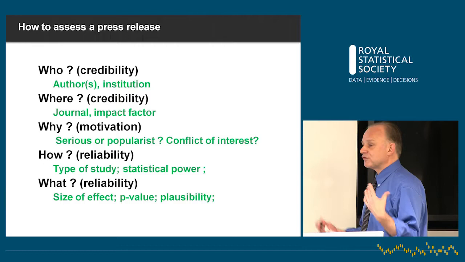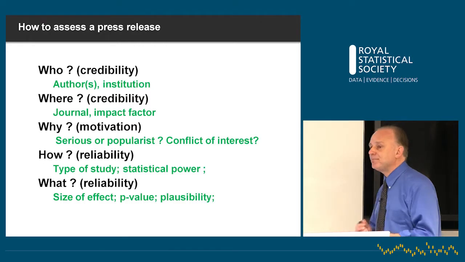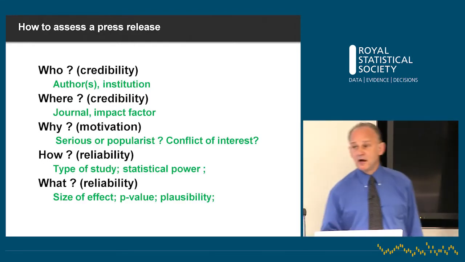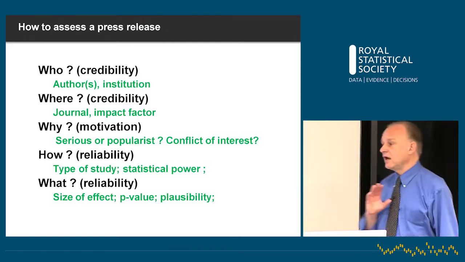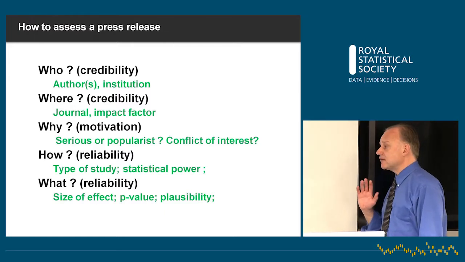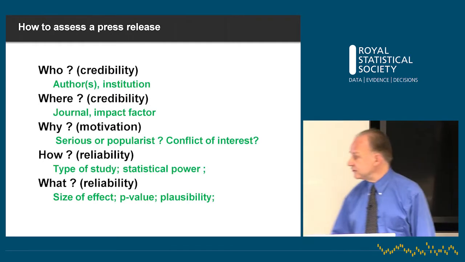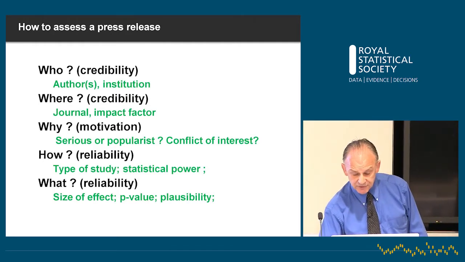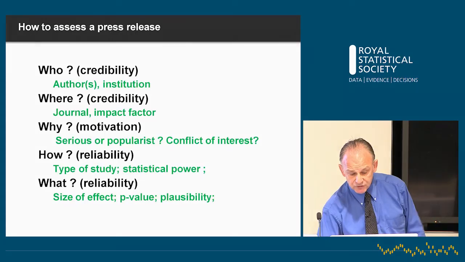I've given talks about techniques for factoring plausibility into the assessment of statistical significance, and I'll be happy to talk to you about those after this presentation. So those are the questions.